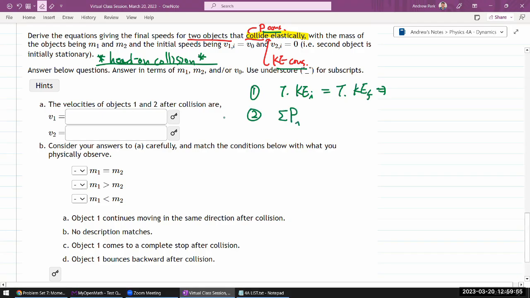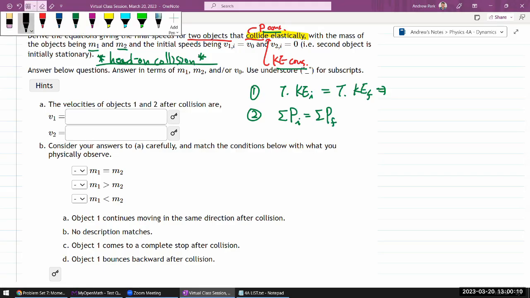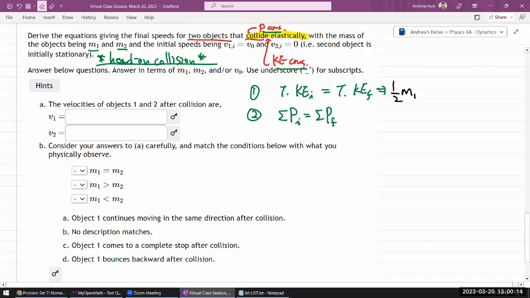The total momentum initially is going to equal the total momentum finally. So the total kinetic energy initially: I have objects m1 and m2. Let's just start writing them out. I have the kinetic energy of m1. That's going to be 1/2 m1, and its speed v1 initial, v0, squared, plus the total initial kinetic energy of m2.